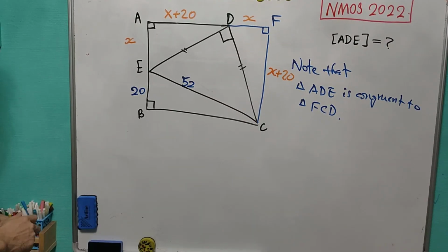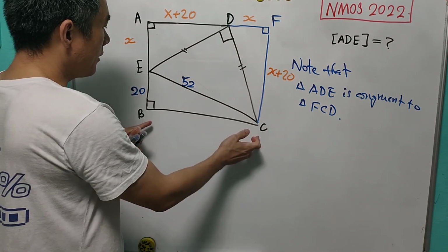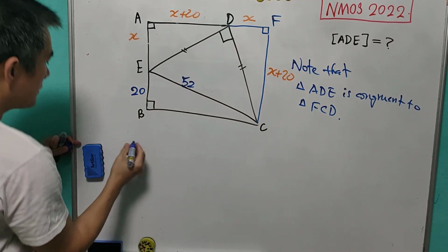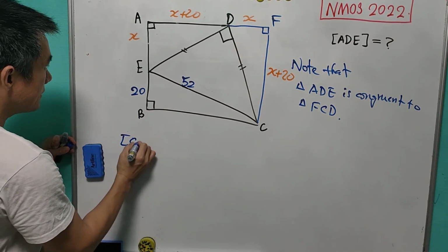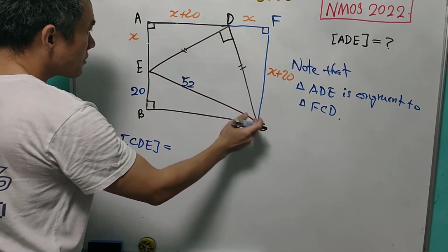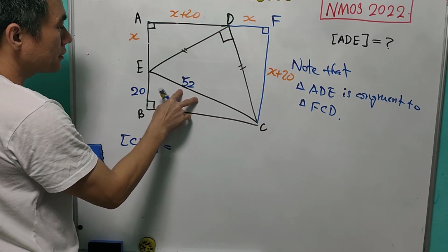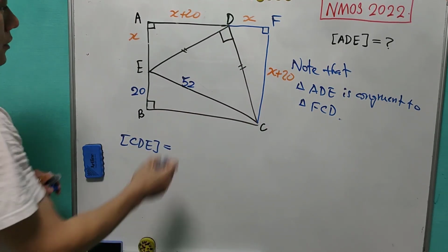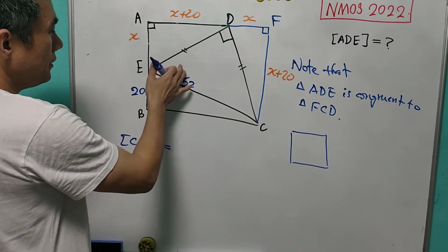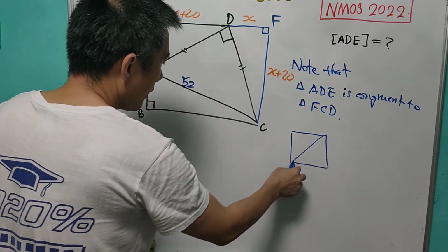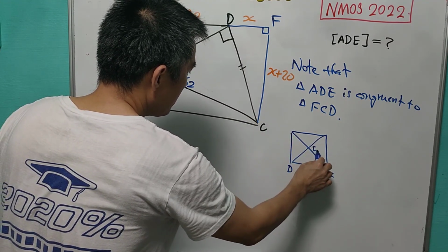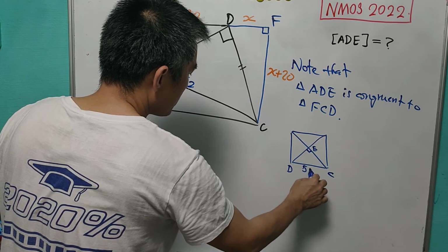For the second approach, we can't use Pythagoras theorem, and therefore we do not know the length of BC. So first of all, we want to find out the area of triangle CDE. CDE is an isosceles right angle triangle with the hypotenuse equal to 52. So we can redraw triangle CDE as such, and if this is C, D and E, this is 52.